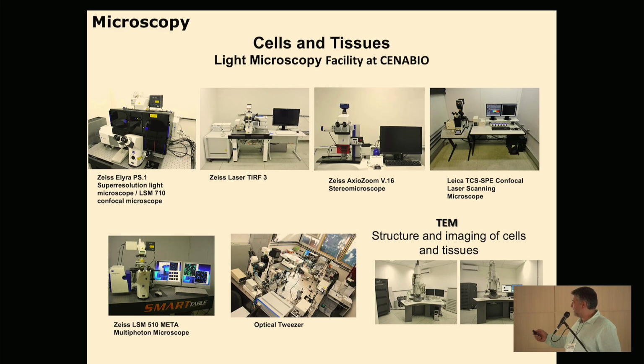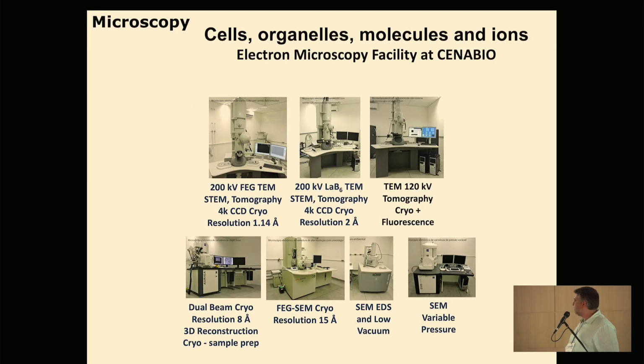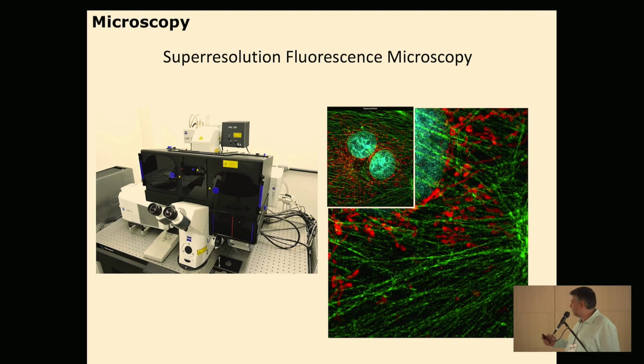This unit has several microscopes, and you know much more than me about microscopy, but as you can see, you have some light microscopies, and also the optical tracer that is just being installed, and different other microscopy for structure, cell and tissue. And in electron microscopy, we also have a large number of microscopes.